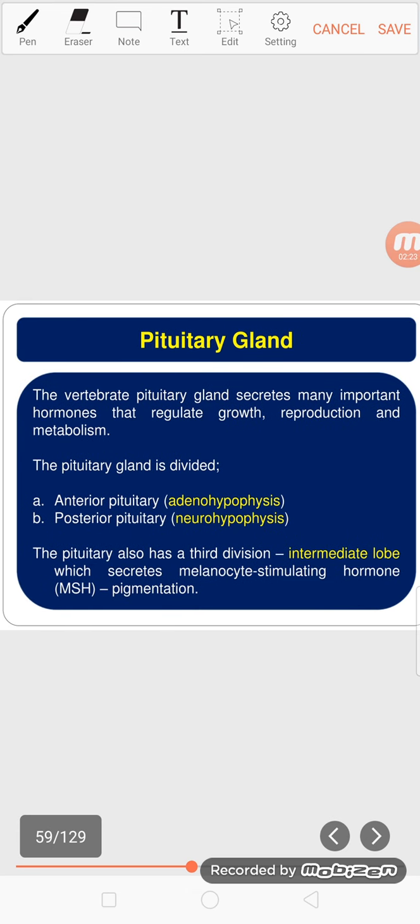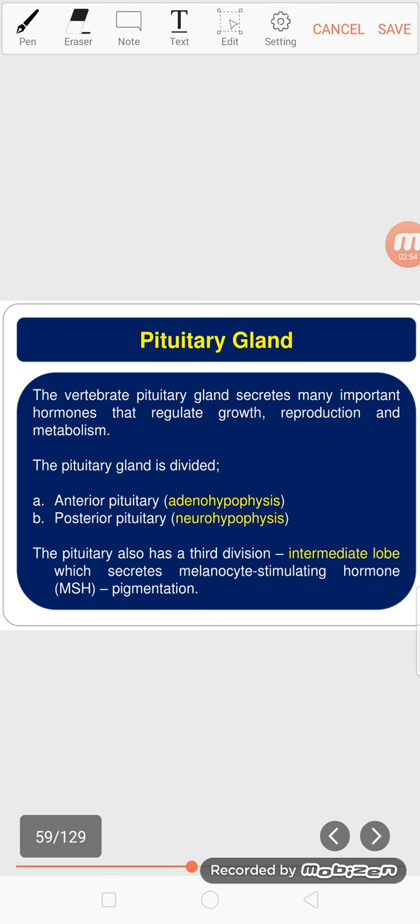Okay, the next section after peptide hormone synthesis introduces you to the endocrine glands. Remember we did all the endocrine glands.